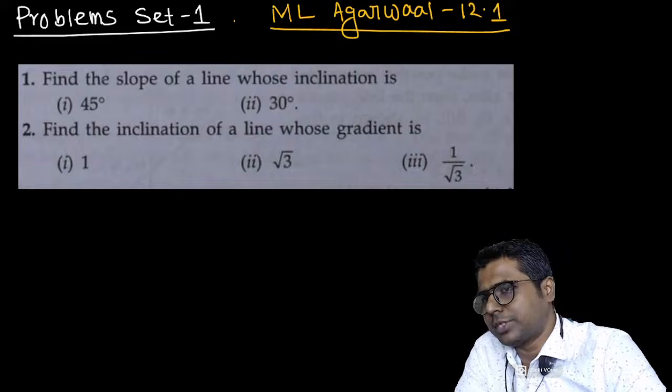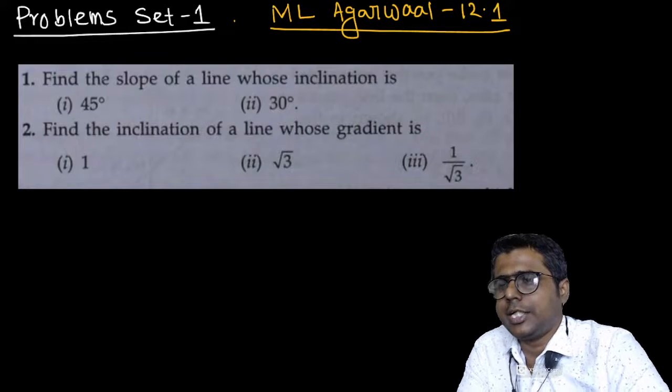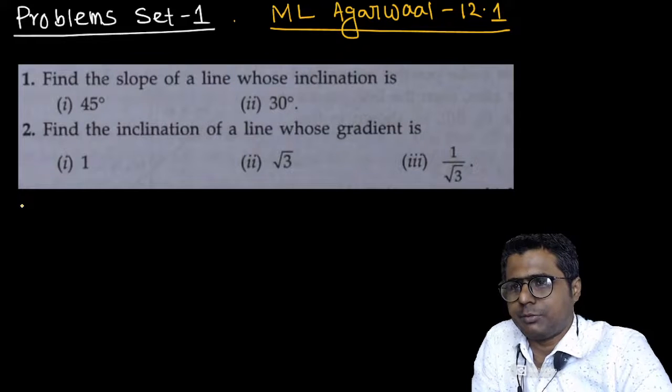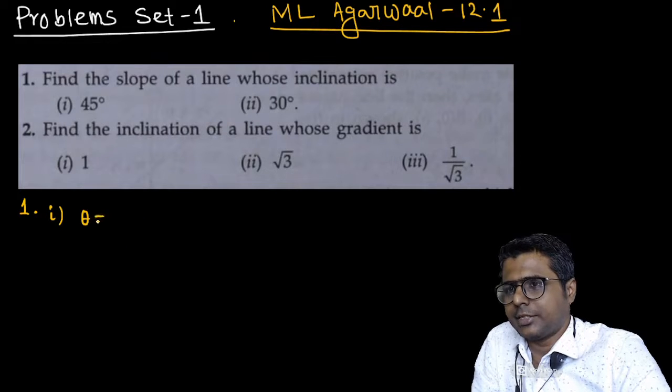If you can see, the first problem is basically to calculate the slope of the line whose inclination is given. So we'll solve the first problem first. Here, inclination, what is inclination? Inclination we have defined as theta in our previous classes. Theta is given as 45 degree, and we have already done this kind of problems.